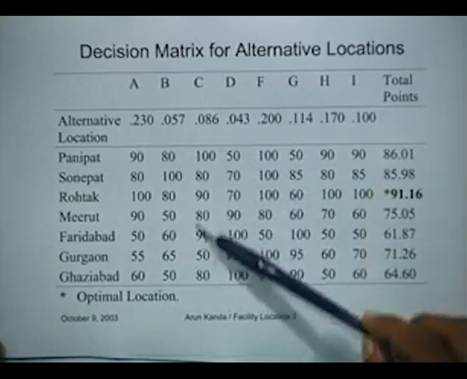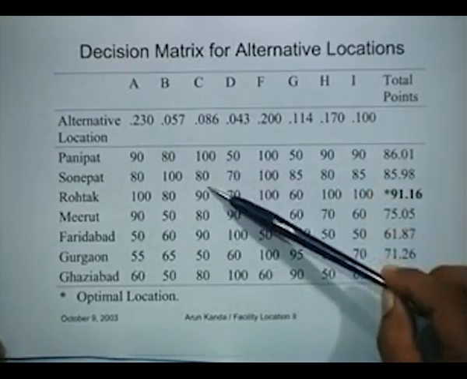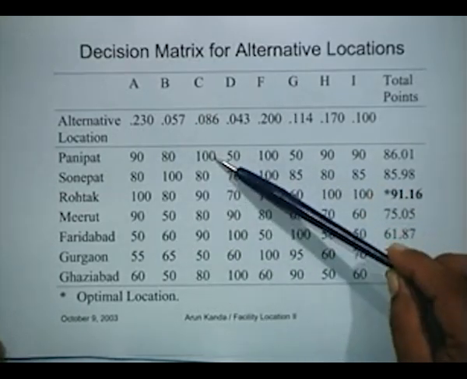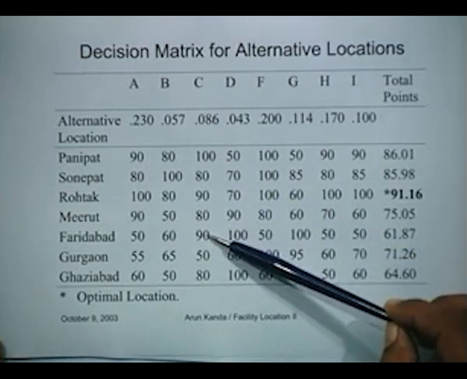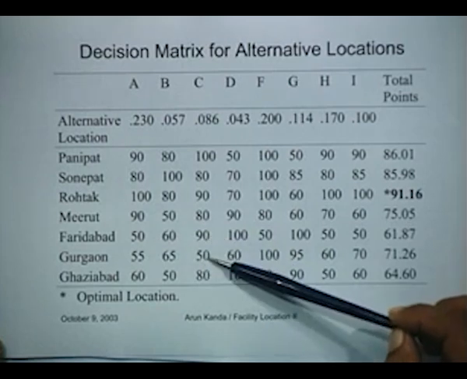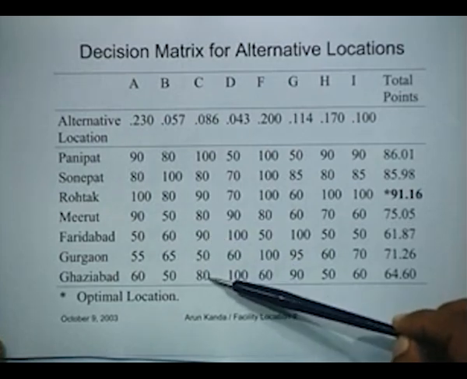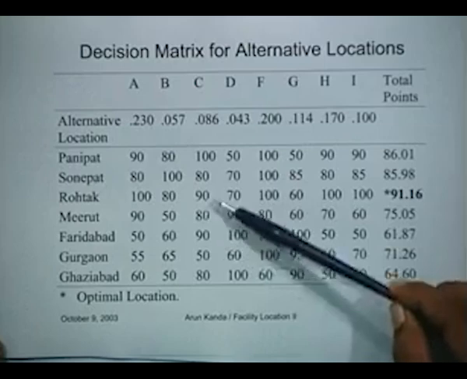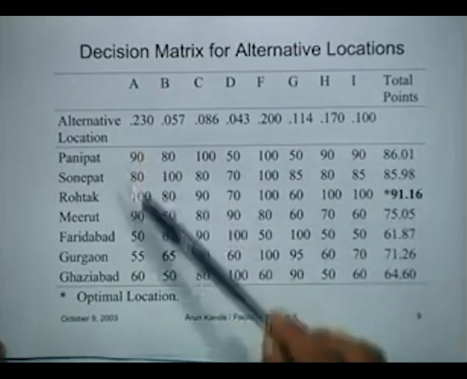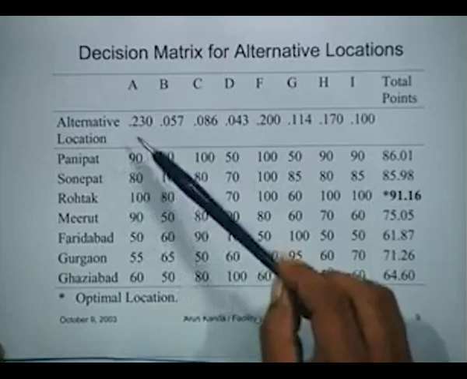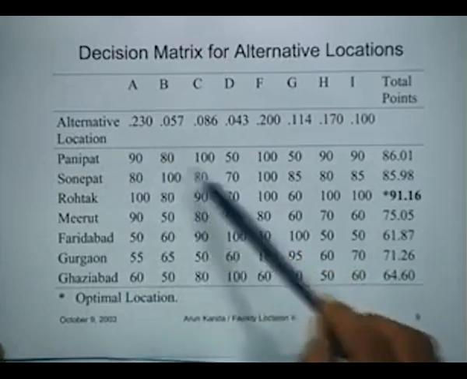As far as transport facilities were concerned, Panipat was the best out of these options, and got 100 points. Rohtak was pretty good, and Faridabad was pretty good. Gurgaon was bad, and Ghaziabad was okay. So this was basically an evaluation of these locations on all the factors.